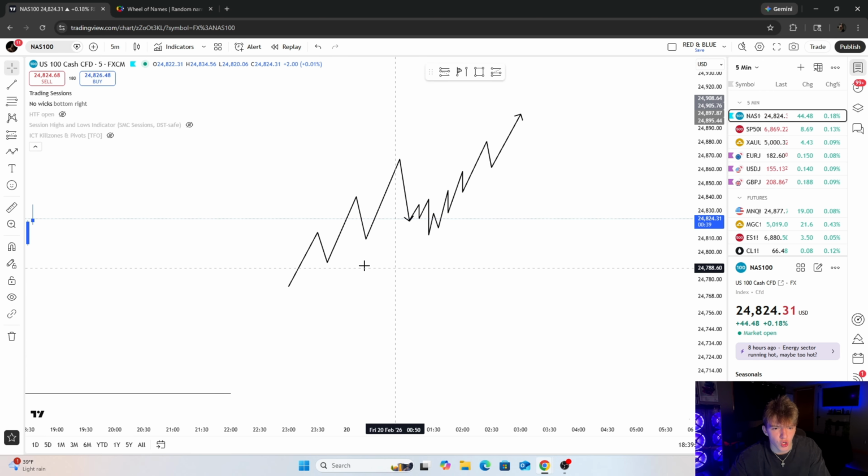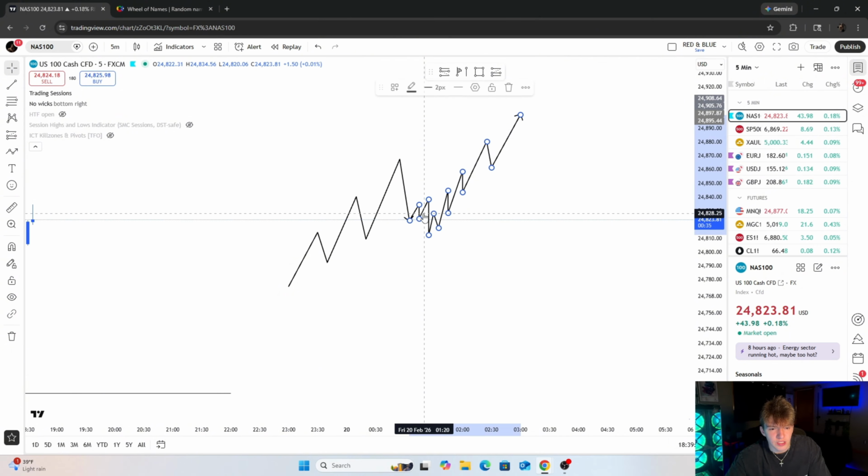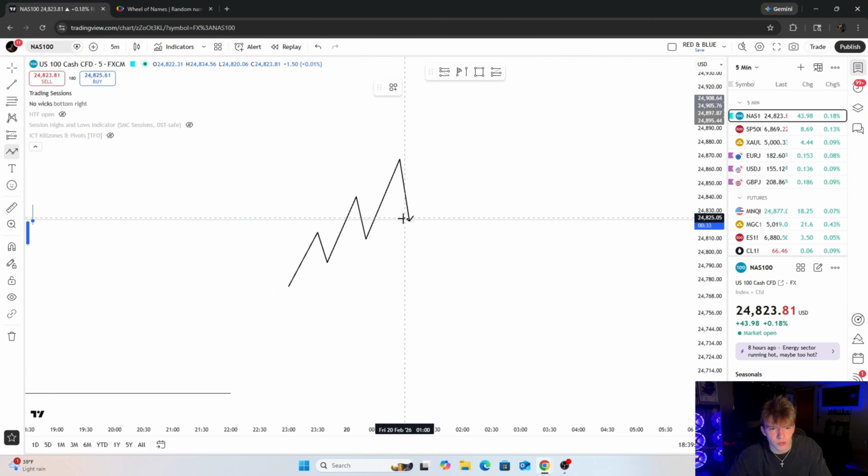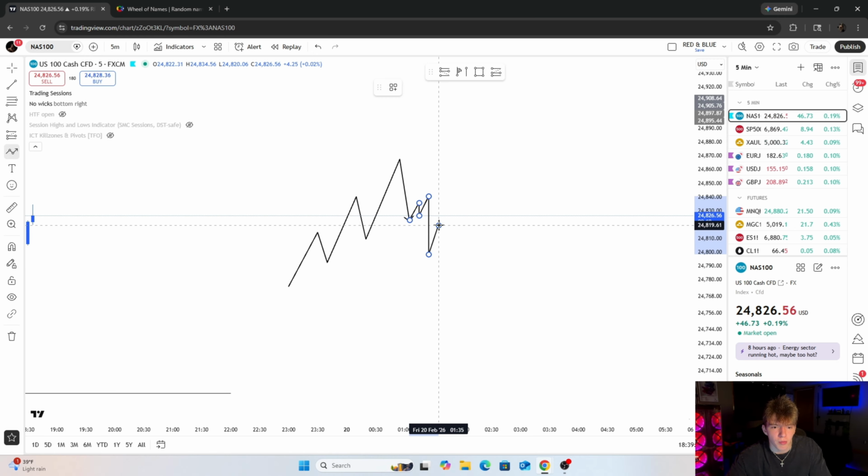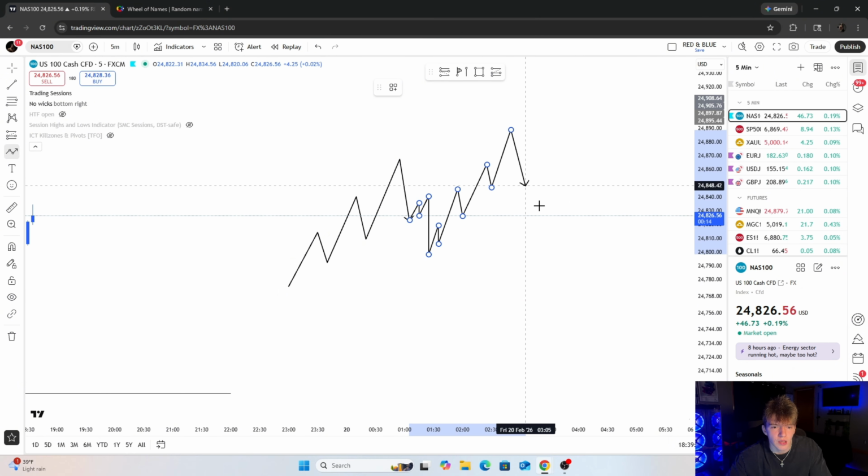I know it looks a little choppy, but essentially, I actually drew that wrong, so I'm gonna redraw it, people will be buying around this area, right? There's maybe a little confirmation they get in, and price ends up straight up stopping them out. And then once it hits their stop loss, price then continues up and continues the overall trend.